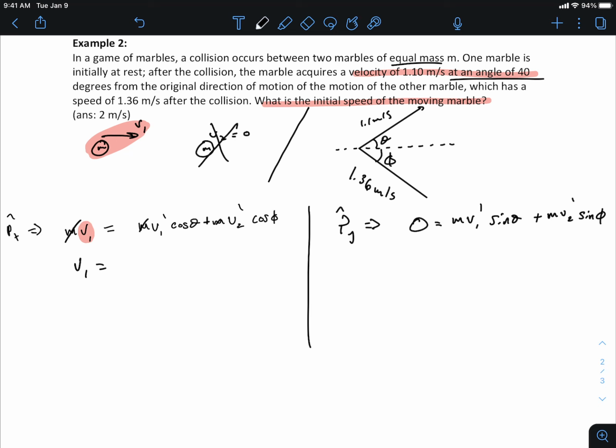We know v1 after, though. v1 after is going to be the 1.1 meters per second. So 1.1 cosine of 40 plus, well, we know the final velocity is going to be 1.36 cosine of phi. Okay, so a bit of a crossroads here. I don't know phi and I don't know v1, but that's okay.